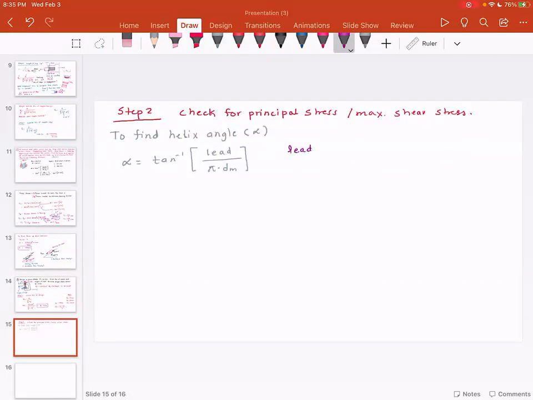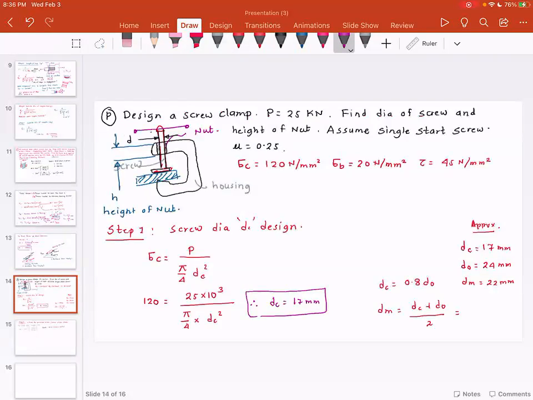So lead is equal to number of starts multiplied by the pitch. Now at this point, we should look at the design data book and find the screw that has the mean diameter of 22, which has square threads, and find out the value of pitch.